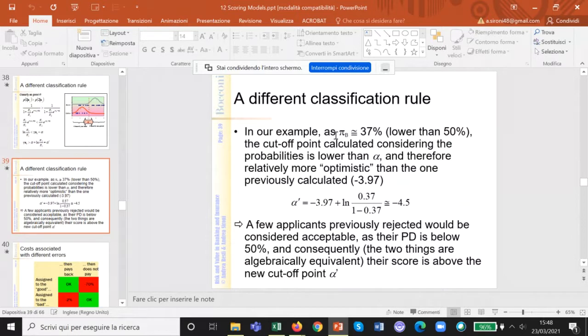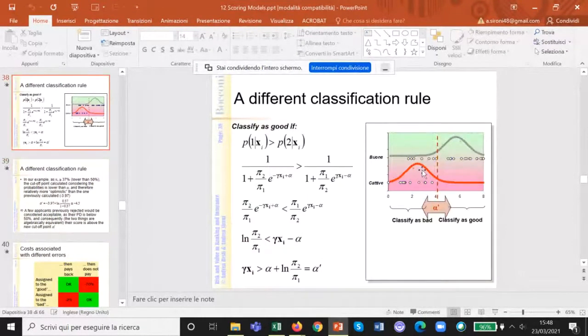In our example, as the probability of belonging to the bad companies is 37%, the cutoff point calculated considering the probability is lower than the previous one, and therefore relatively more optimistic. So in some way, we are pushing the cutoff point to the left, i.e. making our model a bit more optimistic, okay?